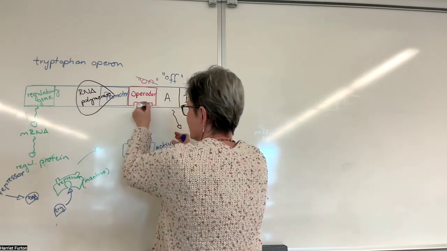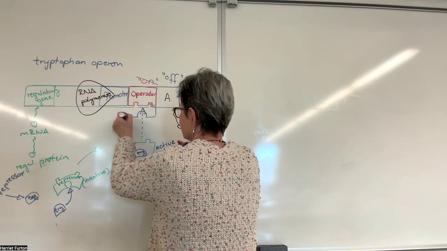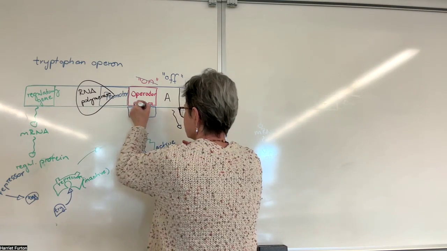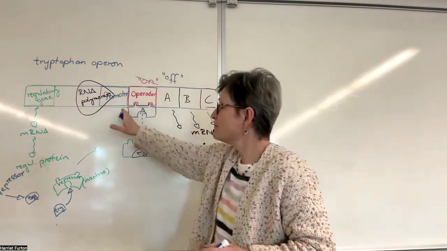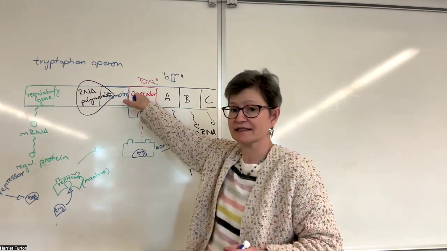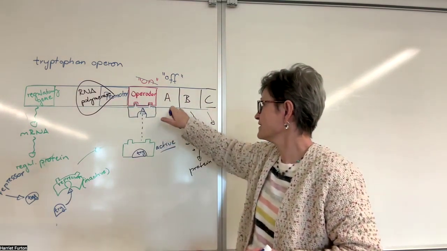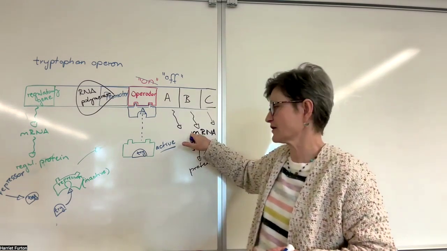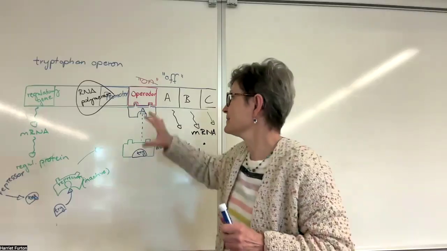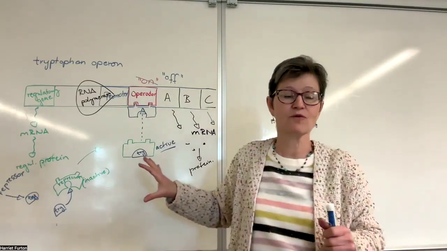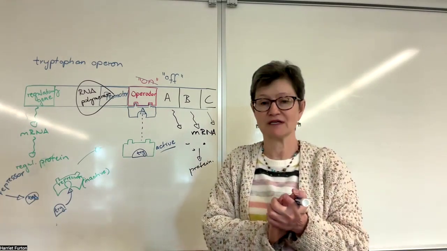So the RNA polymerase will not be able to pass the operator section, and will not be able to transcribe the genes into messenger RNA. It saves energy for the cell because it doesn't have to make its own proteins for making tryptophan for itself.